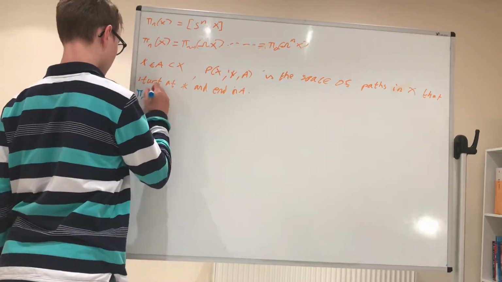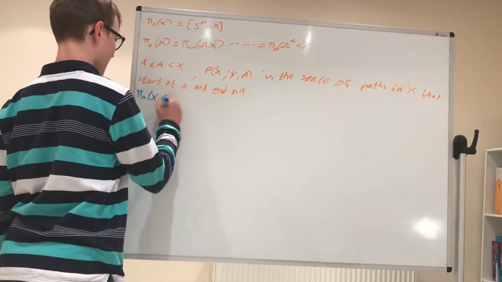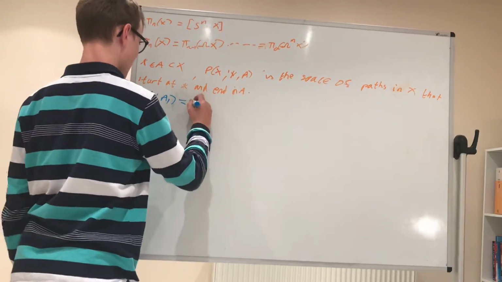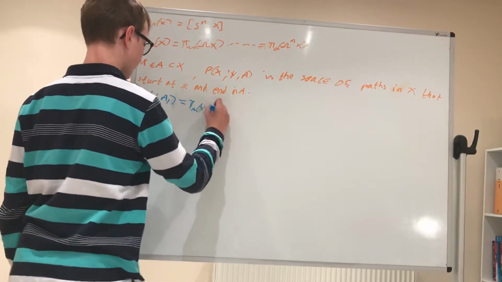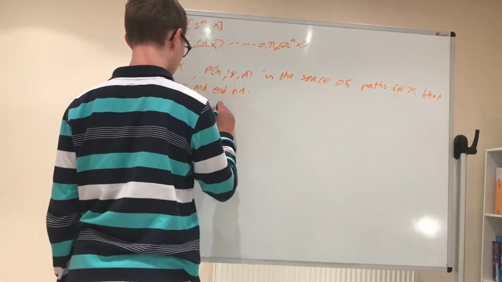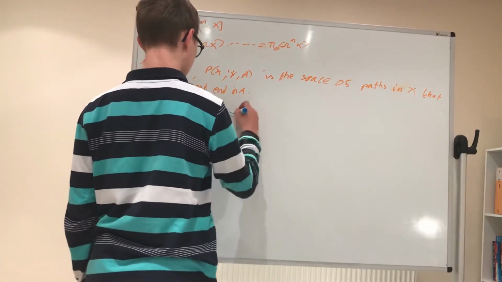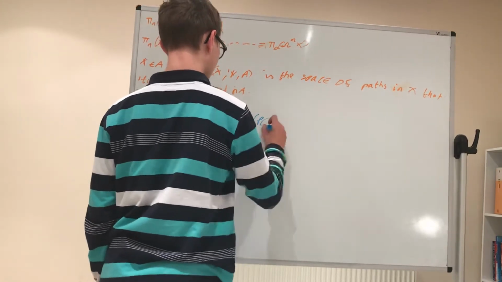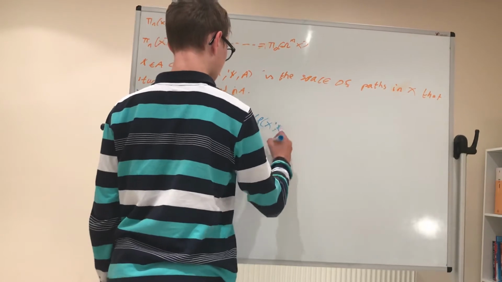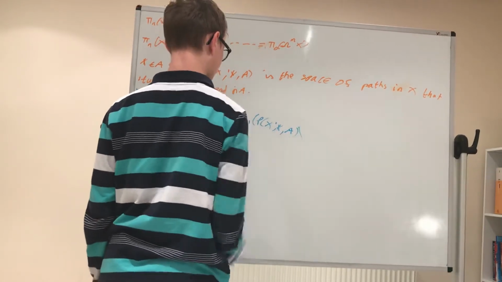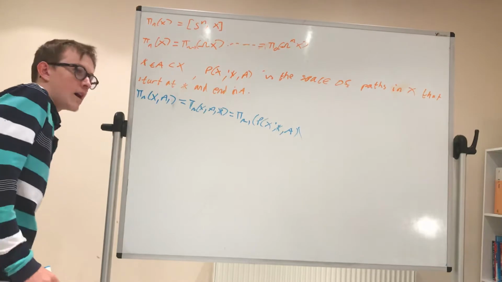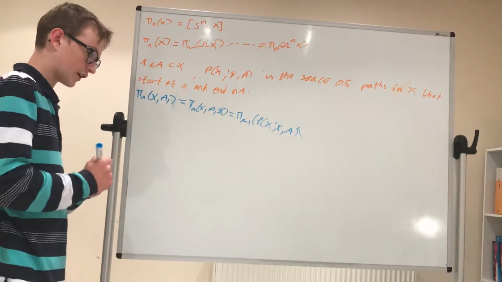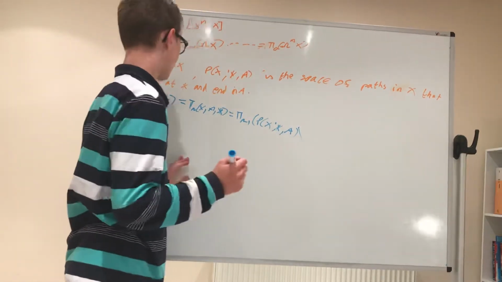We say that pi n of x, a, and then the base point, is equal to the n minus 1th homotopy group of the space of paths in x that start at the base point and end in a. Alright, and now we're ready to look at some long exact sequences associated with these.